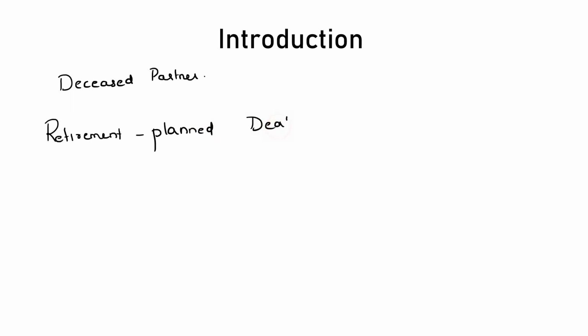So death can happen on any day of the year. When a partner wants to retire, he can retire at the beginning of the year or at the end of the year, and that way the computation and accounting treatments of several items are very simple.